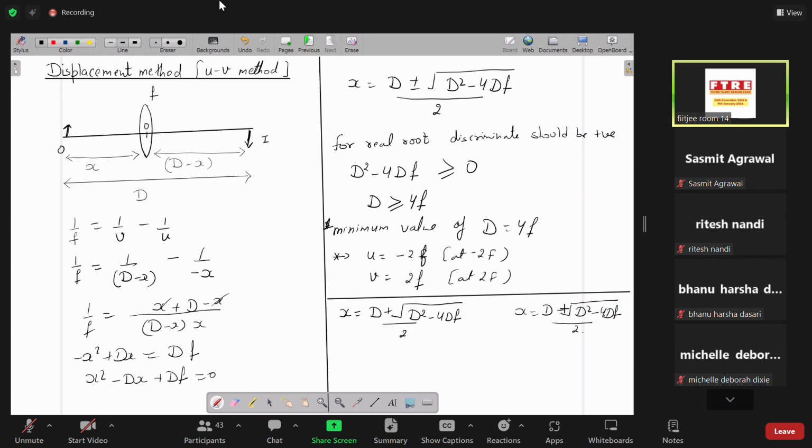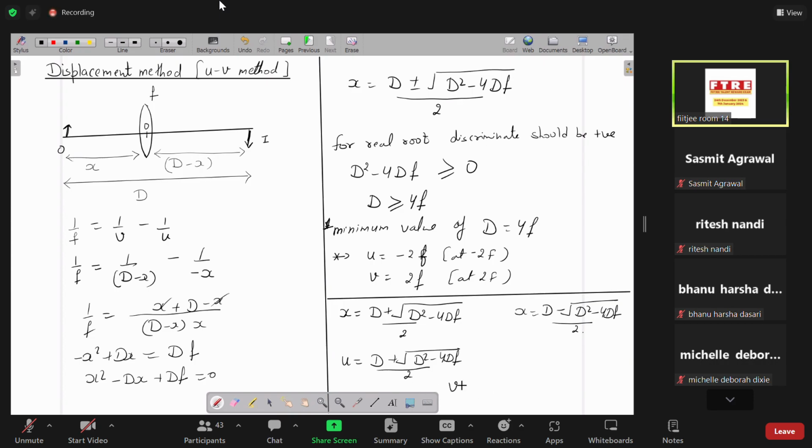Okay. So let's say object distance u is this. If I take u as the first value, that is d plus under the root of d square minus 4df by 2, then what will be the image distance?